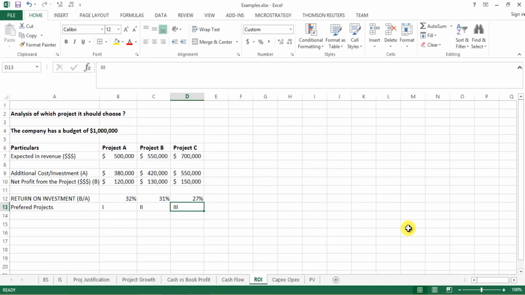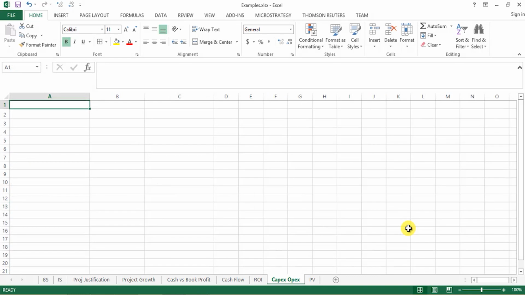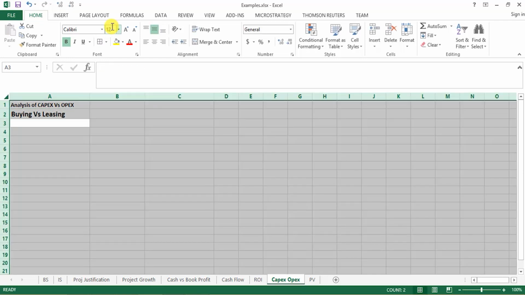We'll understand this with the help of an example, which will help us understand it in a better way. Let's say we're going to do an analysis of capex versus opex, that is, buying versus leasing.